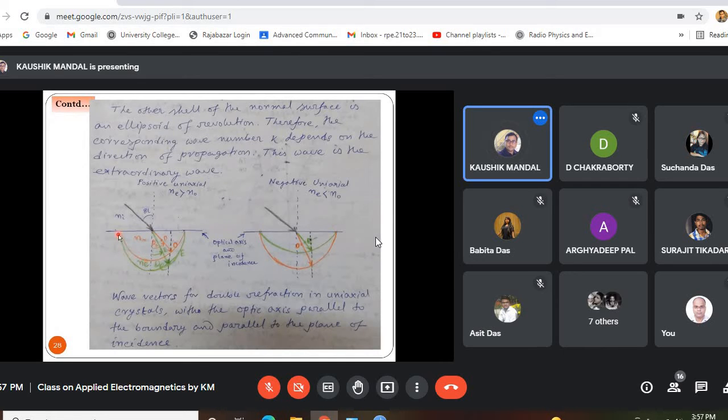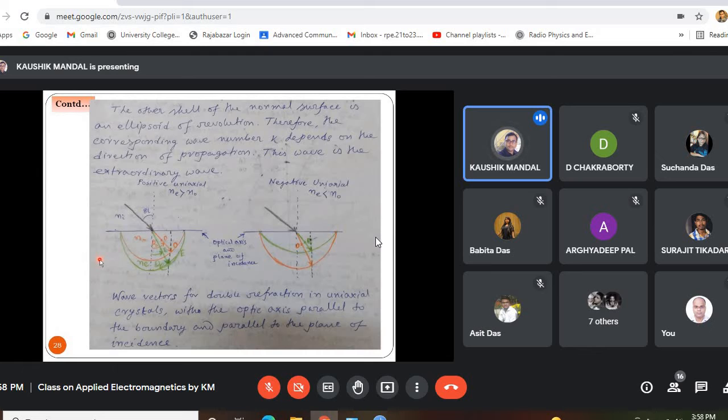Now the extraordinary ray is the refracted ray due to the ellipsoidal shell, and the corresponding angle of refraction is theta e, particularly for this direction, and the refractive index is Ne. So Ni sin theta i will not be equal to Ne sin theta e, because Ne is no longer constant. Ne is no longer constant because it depends on the direction of propagation.